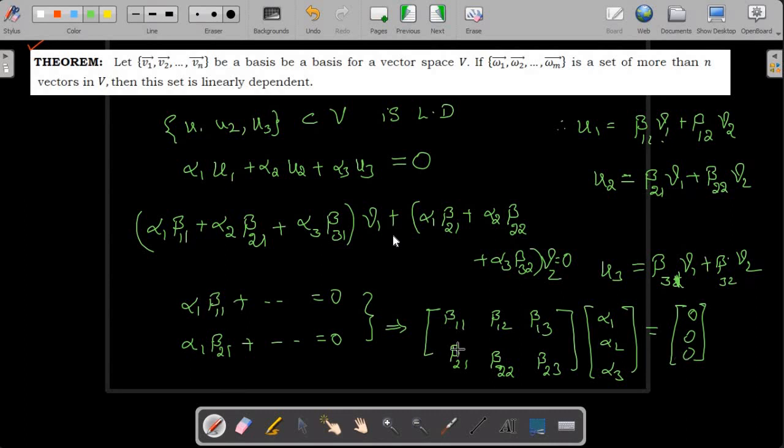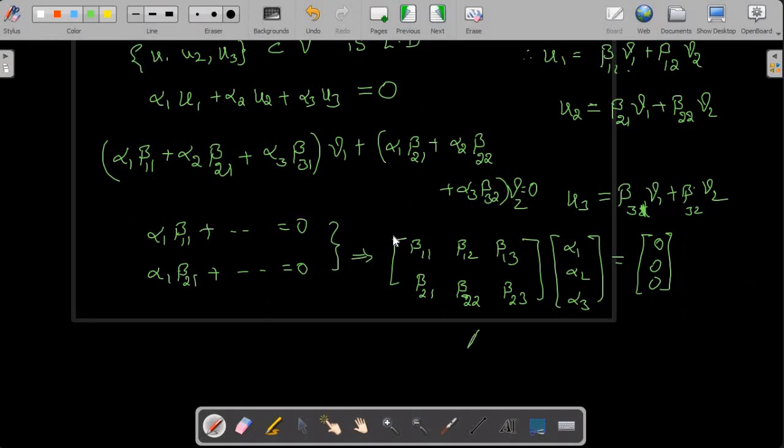The same linear equations I have written in terms of matrices. Now you end up with Ax equal to 0, the linear system, but here A is not a square matrix, it is a rectangular matrix. Now the question is whether this system has a unique solution or infinitely many solutions.